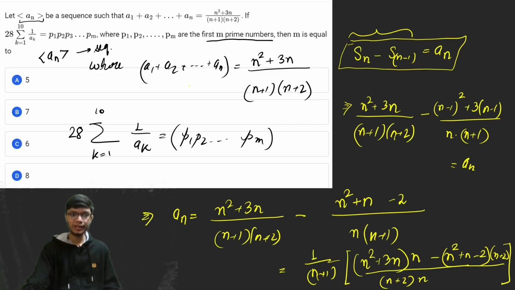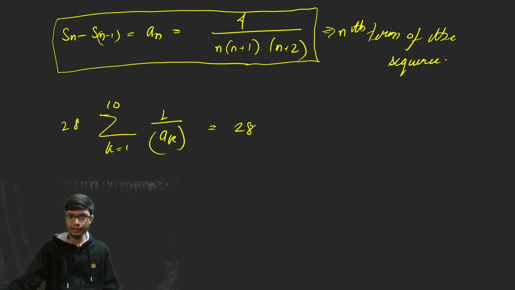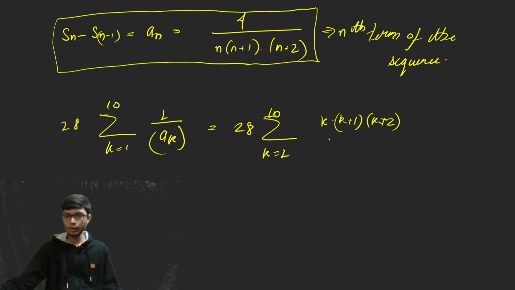Now in the problem, it is asked to find out 28 times the sigma k from 1 to 10 of 1 by a of k. So if you compute this result, it is 28 into sigma k equal to 1 to 10. Now you take the reciprocal of this nth term, so in place of n you put k, that is equal to k into k plus 1 multiplied with k plus 2, whole divided by 4.